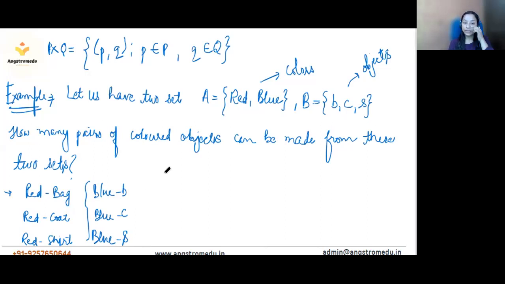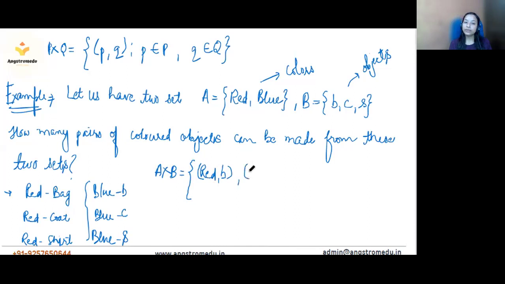This is how I am going to write it. Whenever you are supposed to write the ordered pair, first you represent the Cartesian product like this. Then you make a curly bracket, then a smaller bracket, and you take one element from one set, that is red, then another element from the other set.